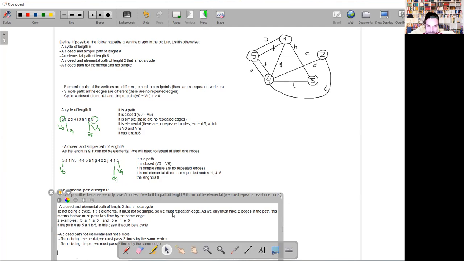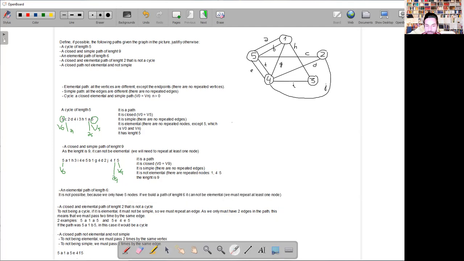So for instance, we can start in 5, we go to 1 by A, we come back to 5 by A, and at this point it is not simple, but it's still elemental, right? So we go to 4 and we come back to 5 again, right?